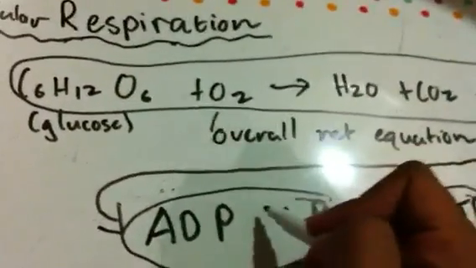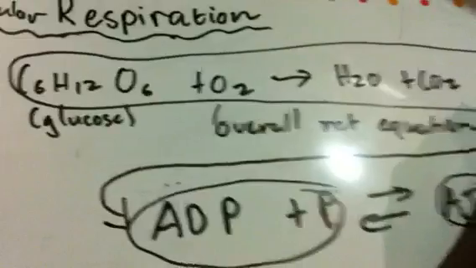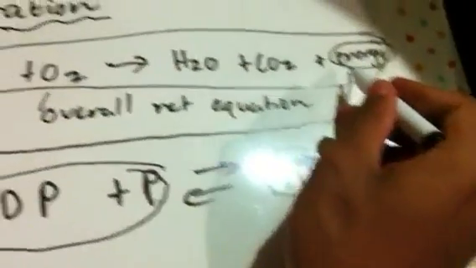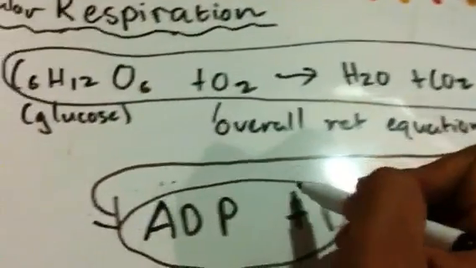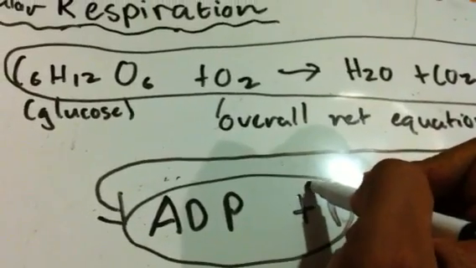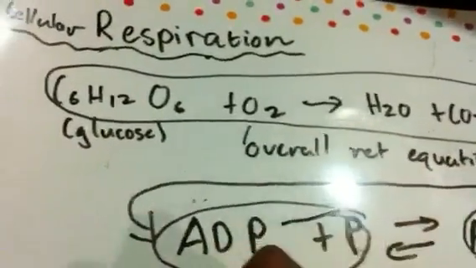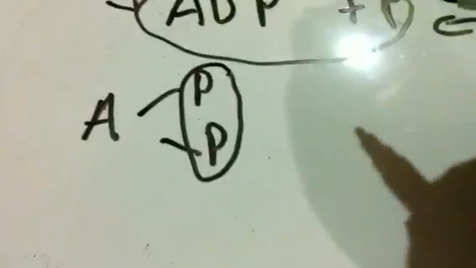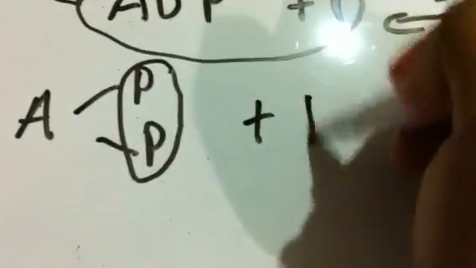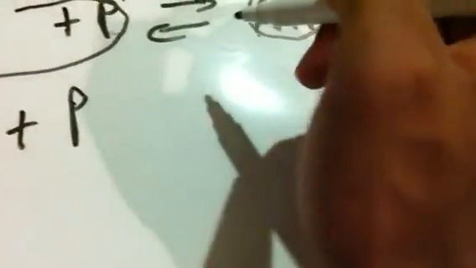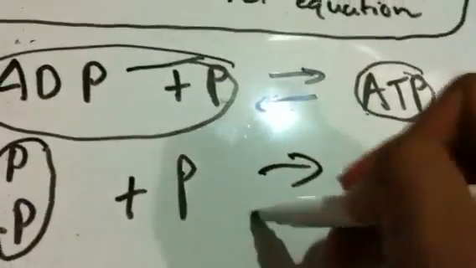So we can deduce that the energy we got from respiration is going in to make a bond between ADP and P. So ADP looks something like this. The di stands for 2, so there are 2 phosphates in ADP. But when we add P, we'll obviously have a 3rd phosphate group.